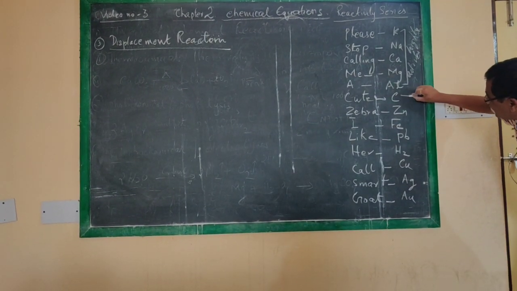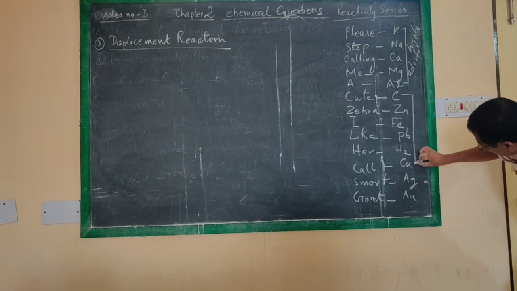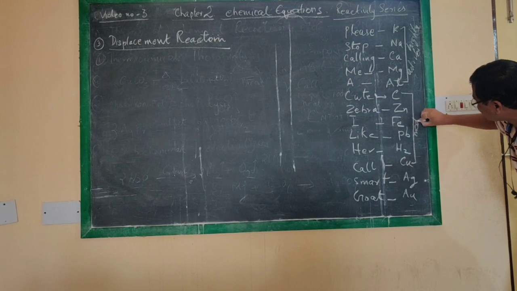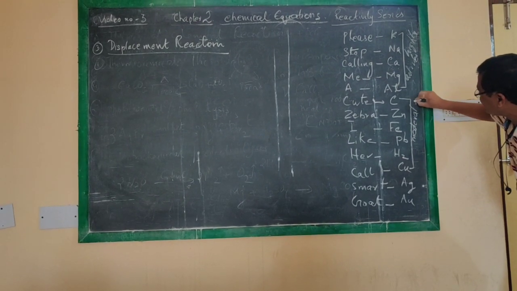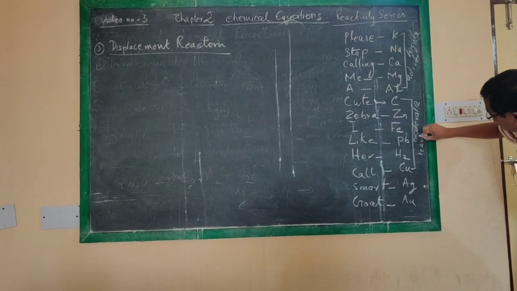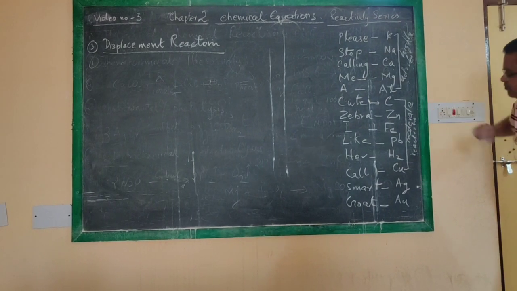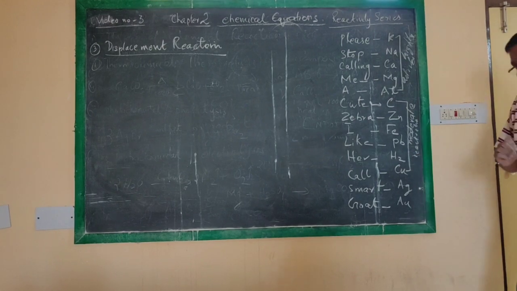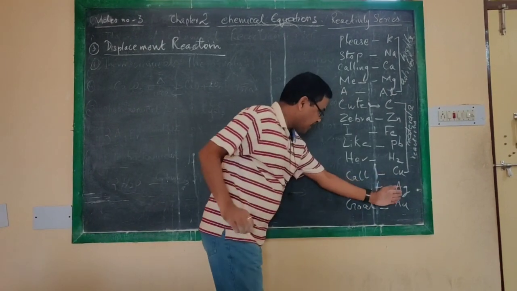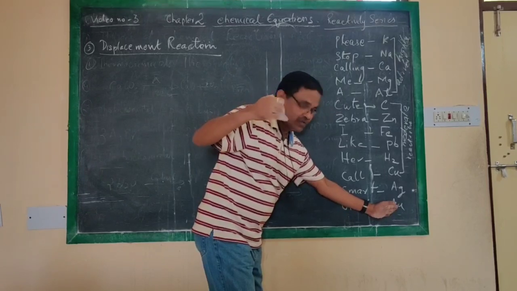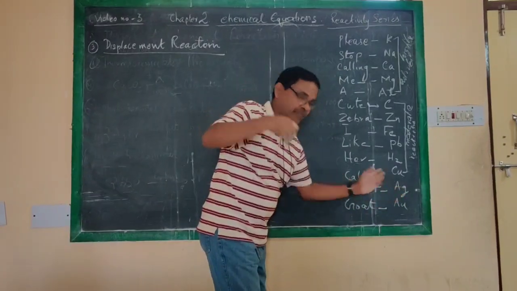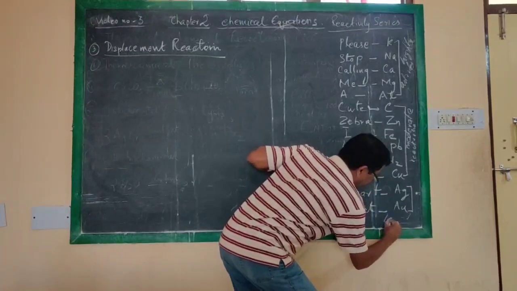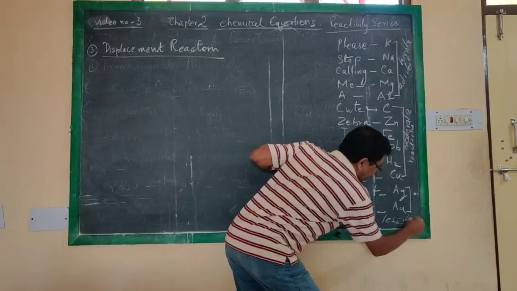From cute carbon to copper, it is a moderate reaction, or we can call it moderate reactivity. Carbon to copper, moderate reactivity. Last, I have not written, mercury can come, platinum can come. This one is less reactivity.